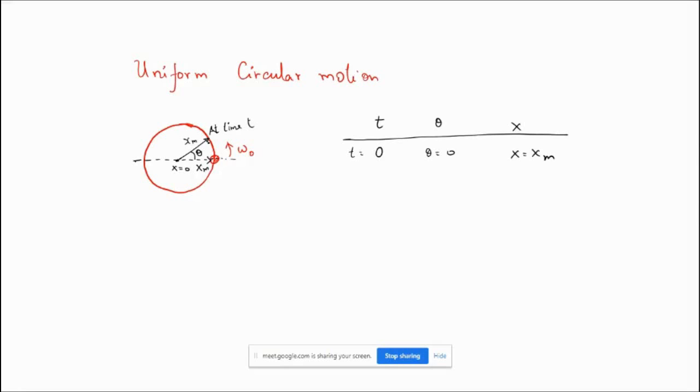Now, at this new position at time t, the projection on the x-axis is given by the x coordinate.